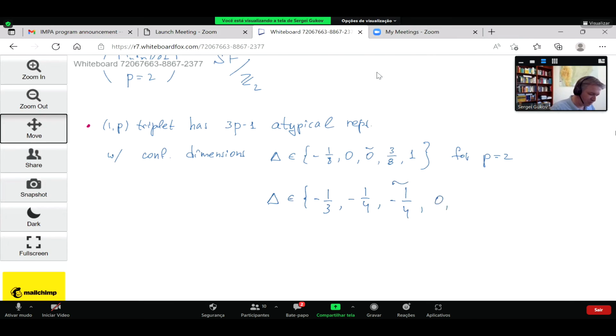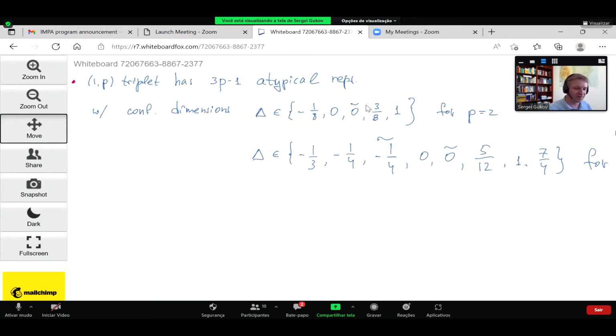There is 0. 0 again repeats as in the previous case, so this is again a manifestation of this Jordan block structure. 5/12, 1, and 7/4. And in total, again, we get 3p minus 1, where in this case, this is for p equals 3. So this is the list of weights or scaling dimensions.